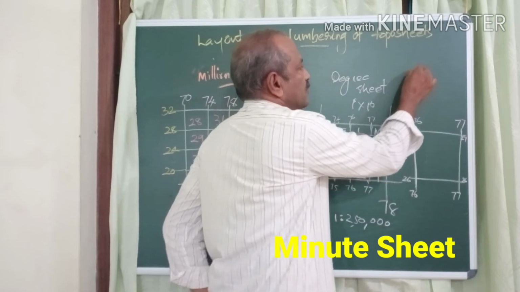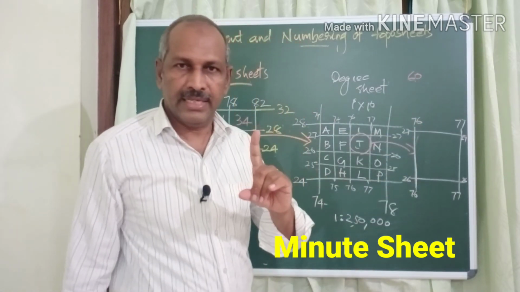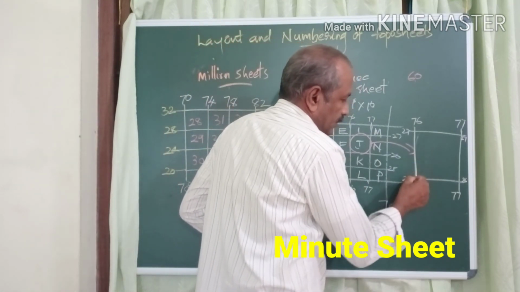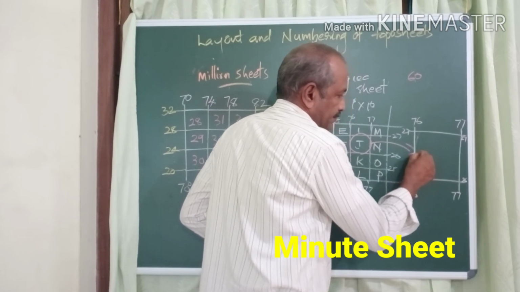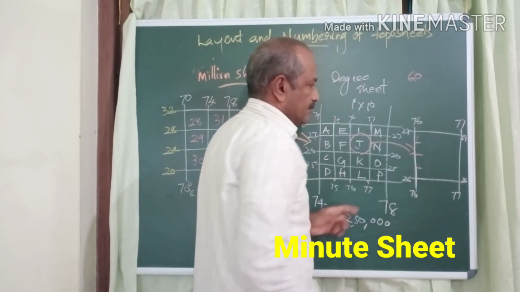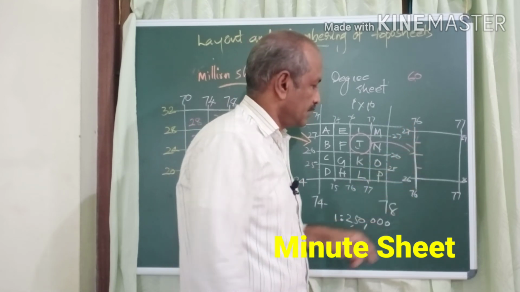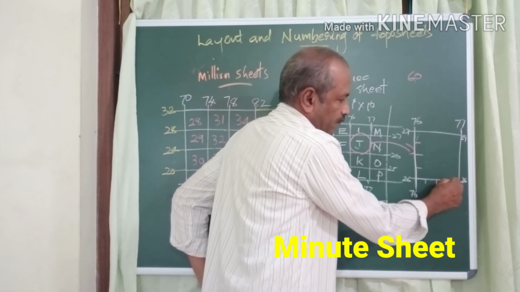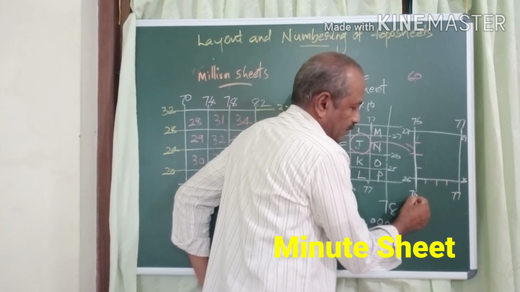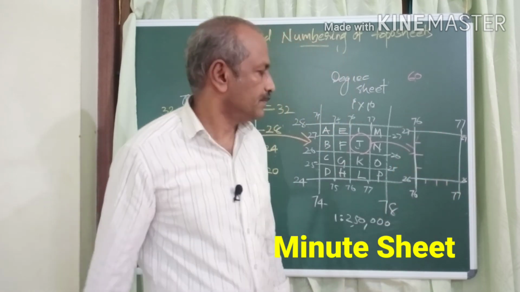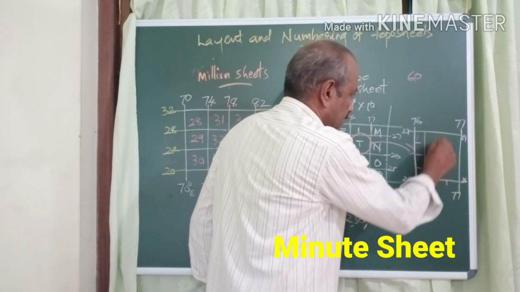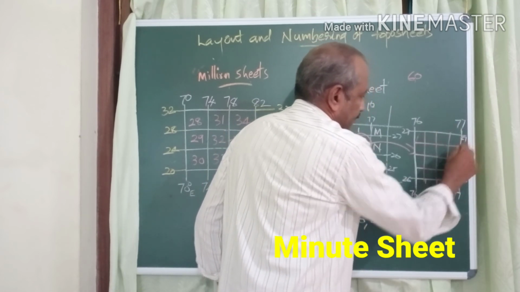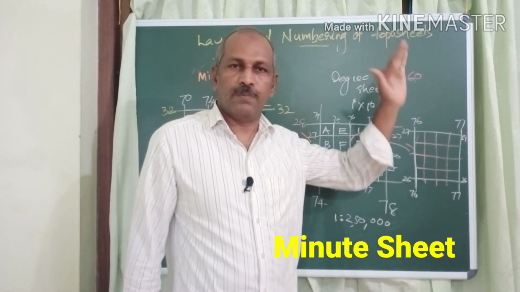We know that 1 degree means 60 minutes. So from 26, then 15 minutes, 30 minutes, 45 minutes, then 60 minutes, it is 27. Similarly for longitude, 76, 15 minutes, 30 minutes, 45 minutes, 60 minutes, then it is 77. Dividing 1, 2, 3, and 1, 2, 3, again we get 16 equal parts.